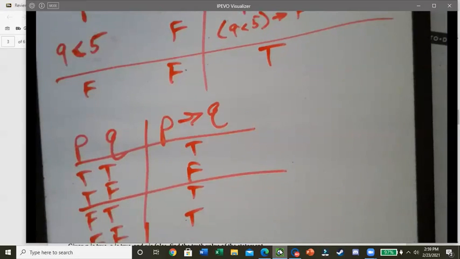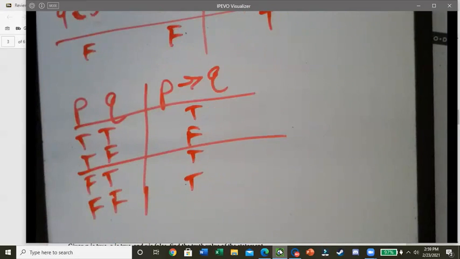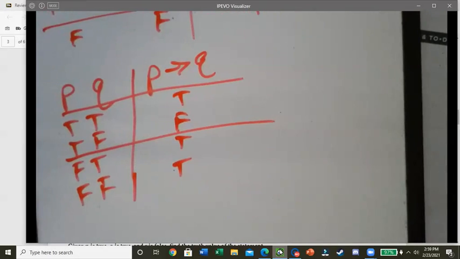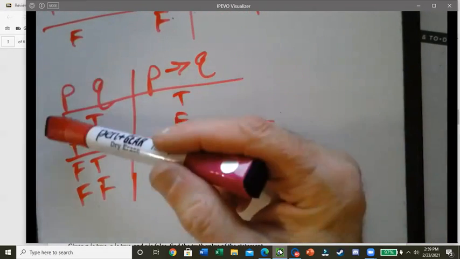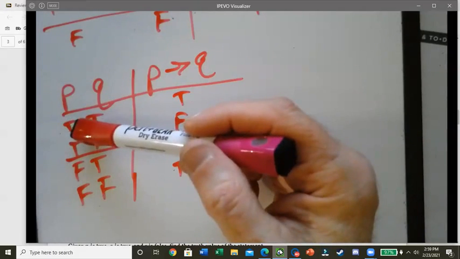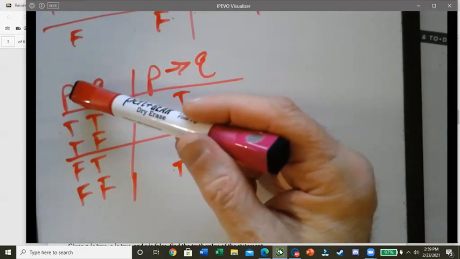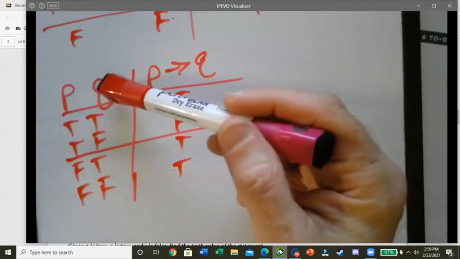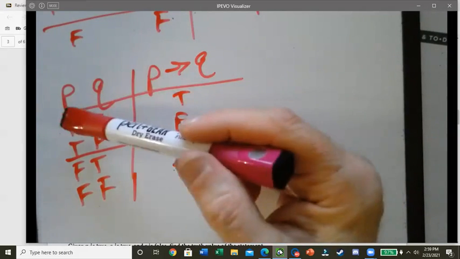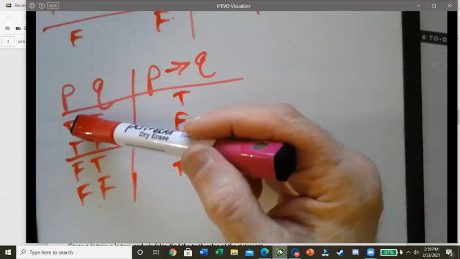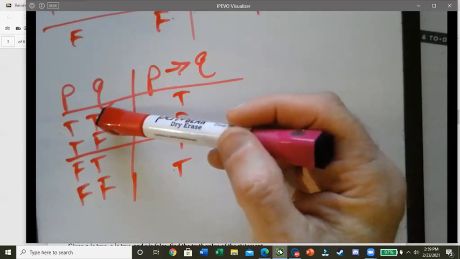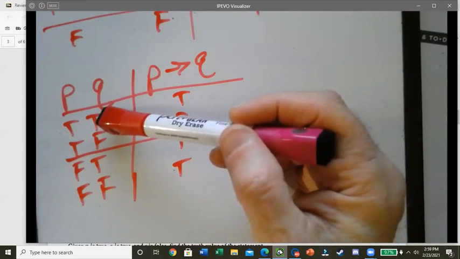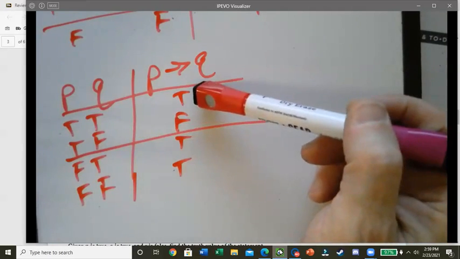And one analogy I like to use, the book likes to use politician and taxes, but I like something that relates more to the students. For example, if P is your friend says he's going to go to the party, and Q, he goes to the party. So it's true that your friend said he's going to go to the party, and it's true he does go to the party, so that's a true statement.